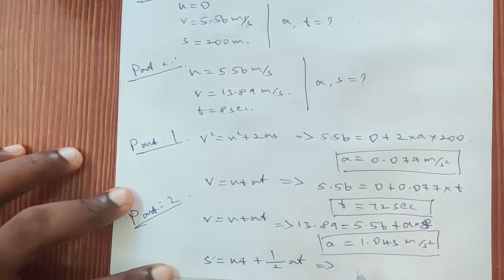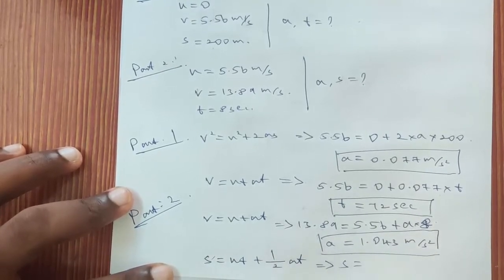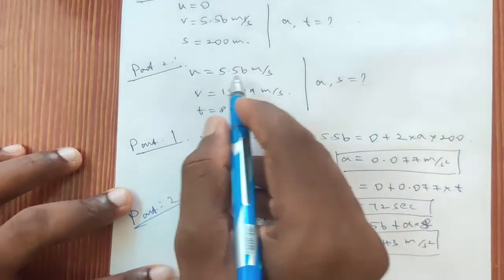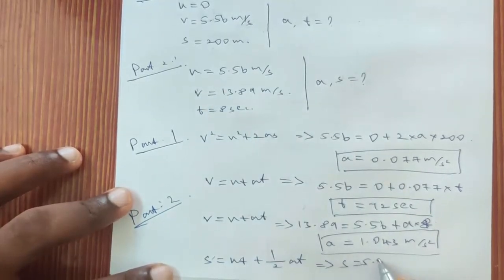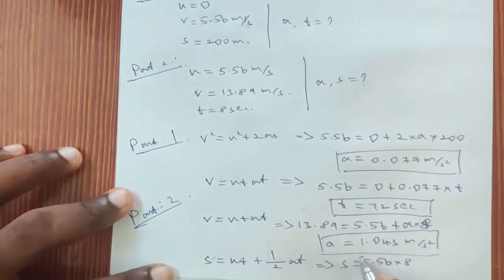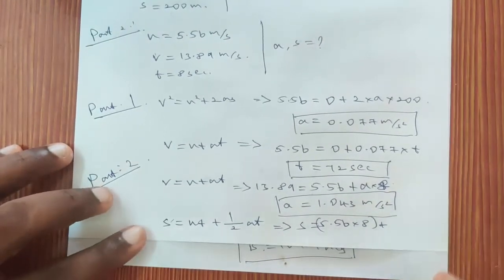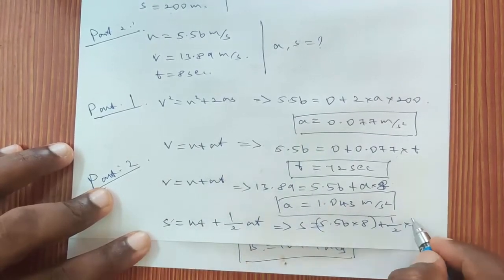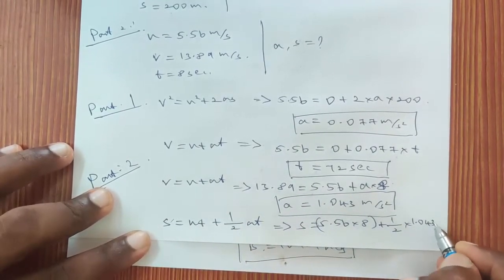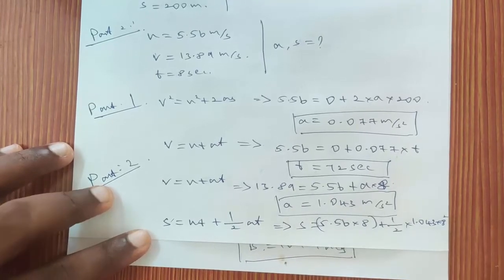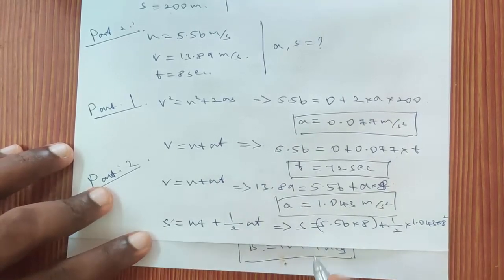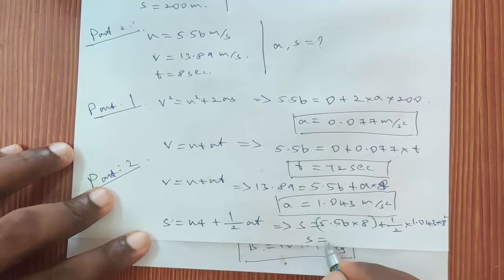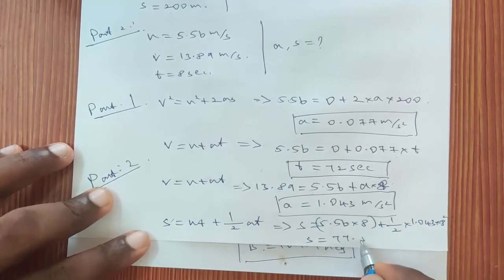If we substitute the values, s is equal to u is 5.56 into 8 seconds plus half into a, which we have already calculated as 1.043, into 8 squared. If you solve this equation, finally you get s is equal to 77.8 meters.